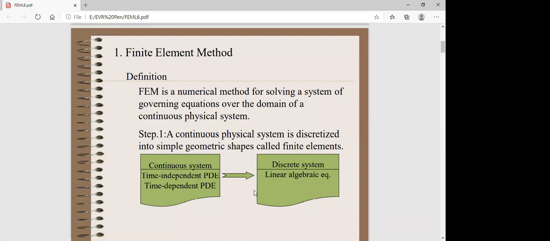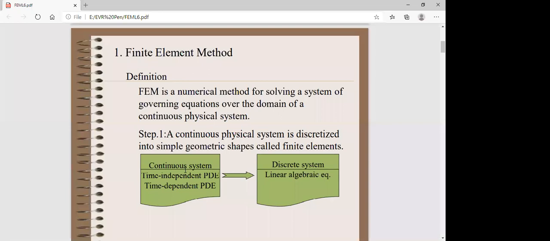In the first step, a continuum physical system is discretized into simple geometric shapes called finite elements. What is a continuous physical system? It may be a solid mechanics problem, or a heat transfer problem, or a fluid dynamics problem, whatever it may be.